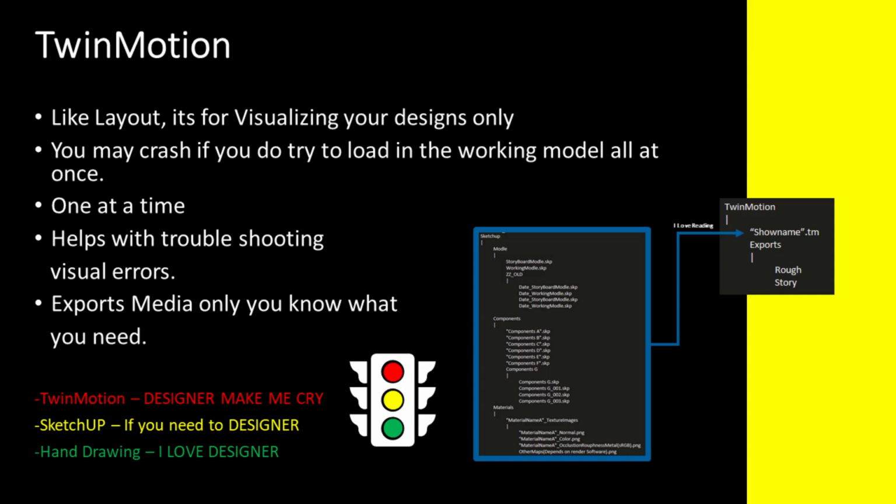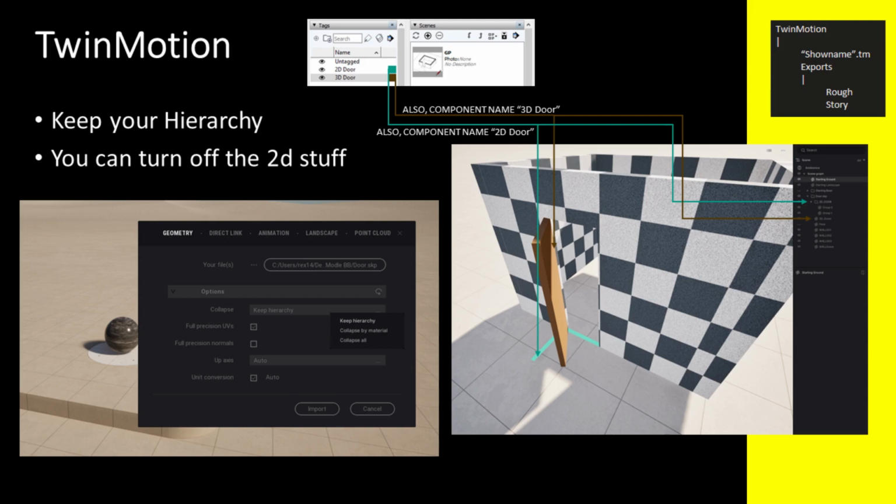So when you're importing these, I like to keep my hierarchy so that, like I said before, we have the ability to turn off any 2D components that we're referencing in our layout file, rather than deleting them in our SketchUp file, only to have our draftsman start secretly plotting our demise. Additionally, when you do keep your hierarchy, all of the objects inside of that component will become selectable.